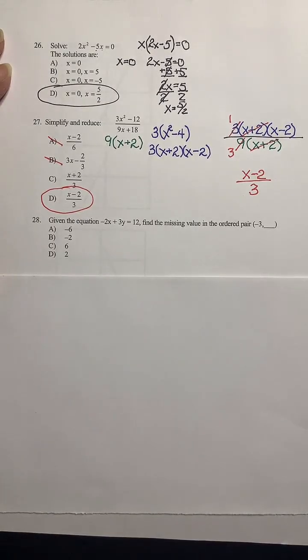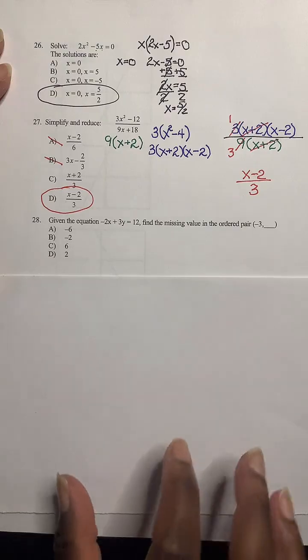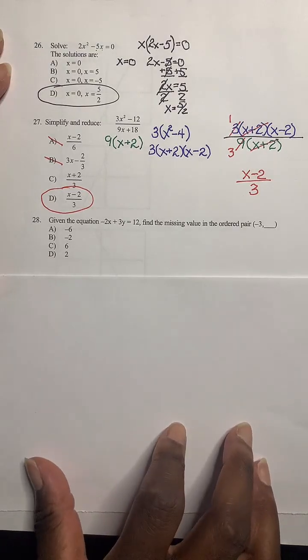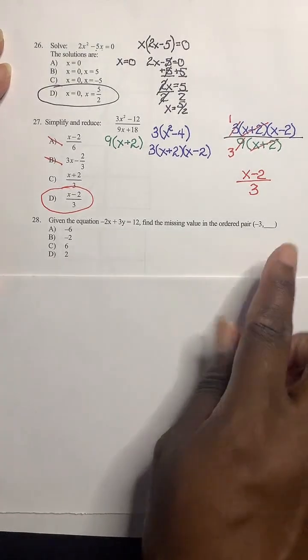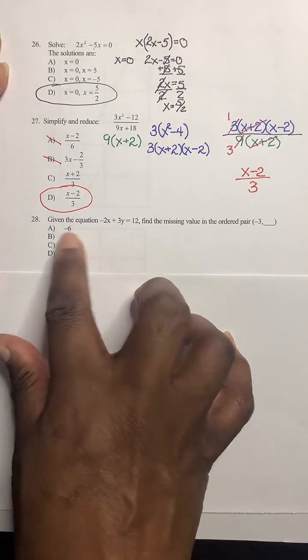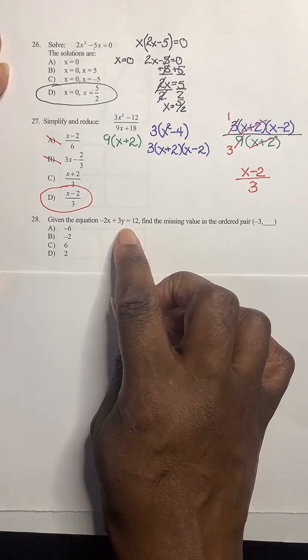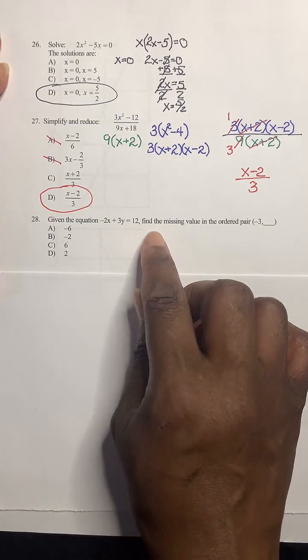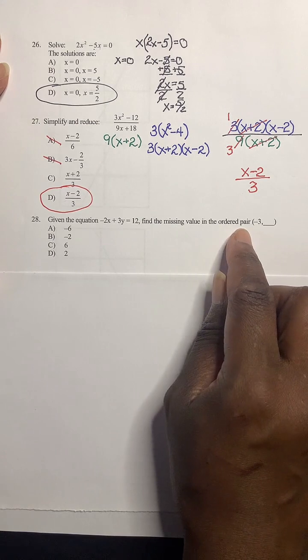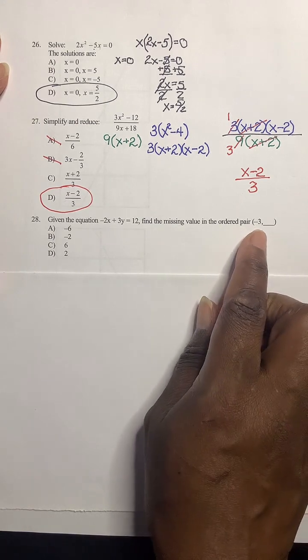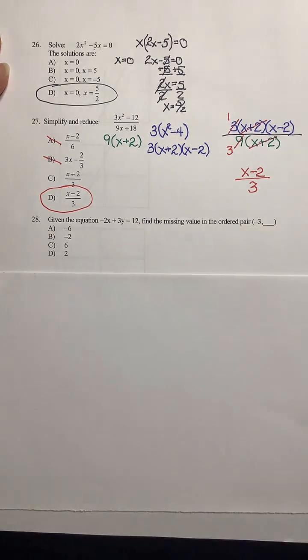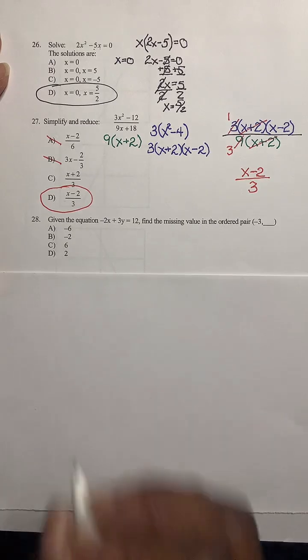Linear systems. I'm actually going to have a couple system of equations going on in here. All right, so I'm going to read it to you, especially for the people there in the back. Given the equation negative 2x plus 3y equals 12, find the missing value of the ordered pair negative 3, comma, blank. So let me rewrite.